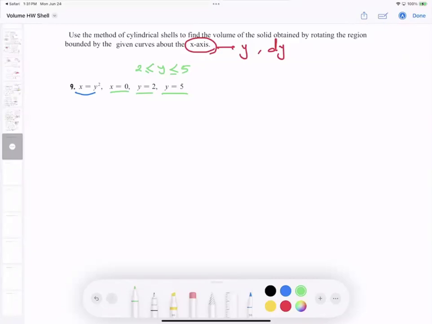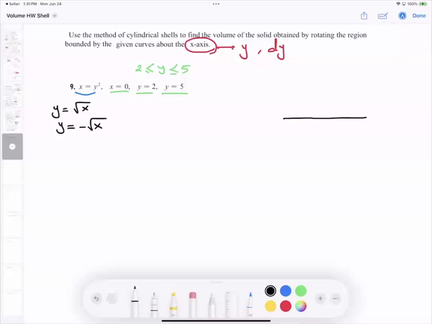So let's graph this. If you graph y squared equals x, basically you have y equals square root of x and y equals negative square root of x. Take the square root of both sides, but don't forget the signs, everybody.